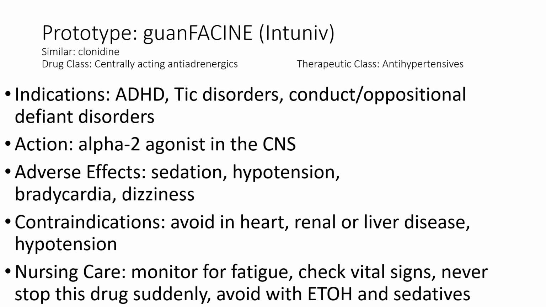So there's another one in this group called clonidine, and clonidine is another medication that's used for ADHD. Not so much anymore. It's been around for decades, and it's a bit of a dangerous medication because if taken in overdoses, you can imagine it's going to cause significant hypotension and bradycardia in a child.